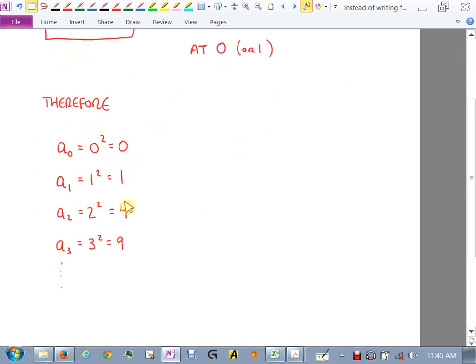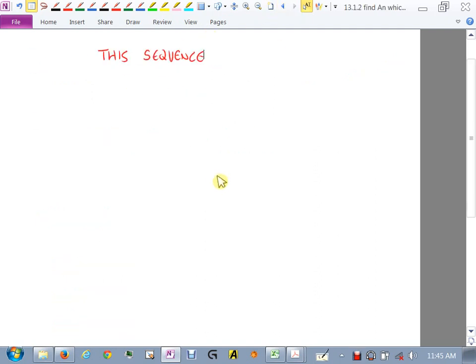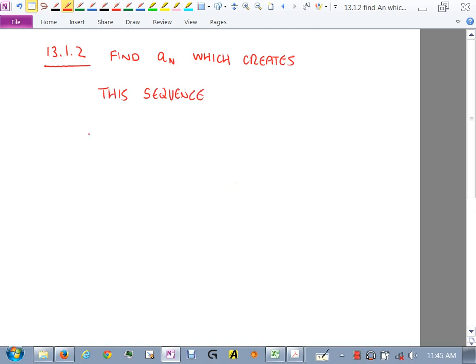If I gave you 0, 1, 4, 9, can you look at those numbers and tell me that came from n squared? Like go backwards. Let's see. So let me give you a sequence. Whenever we write sequences, we write a brace, and then we write out the list of numbers. So how about this? 0, 2, 4, 6, 8, forever. That sequence of numbers. What formula creates that?